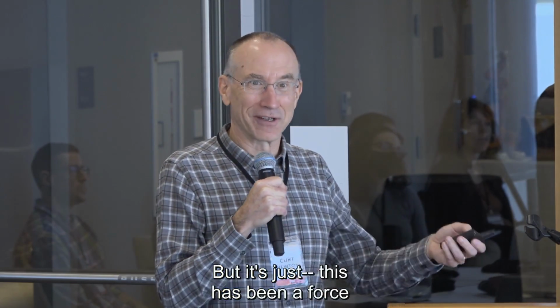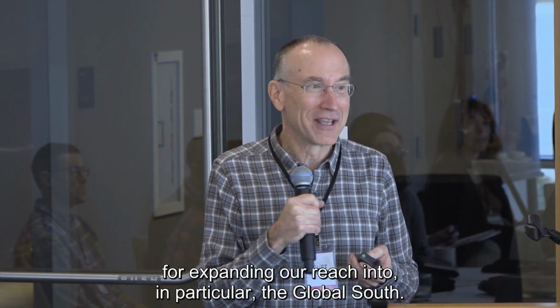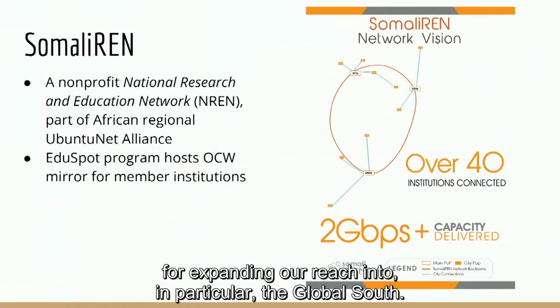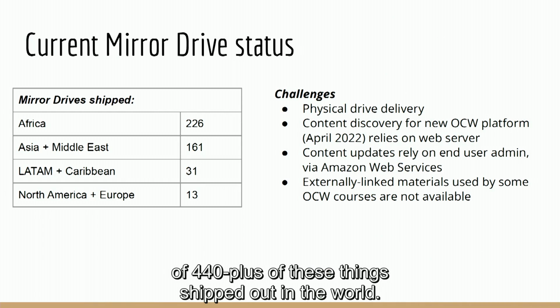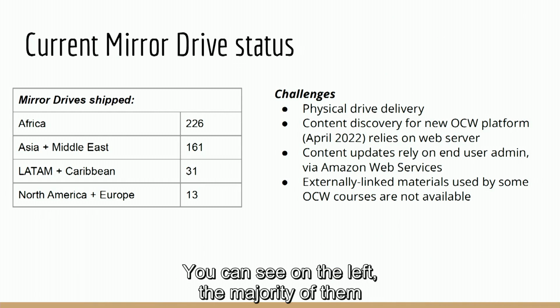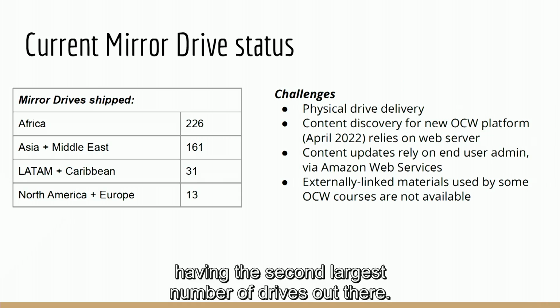But this has been a force for expanding our reach into, in particular, the global South. So to date, again, we've got on the order of 440 plus of these things shipped out in the world. You can see on the left, the majority of them are in Africa, with Asia and the Middle East having the second largest number of drives out there.